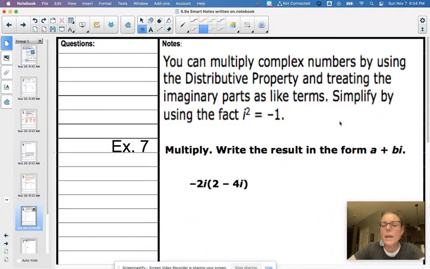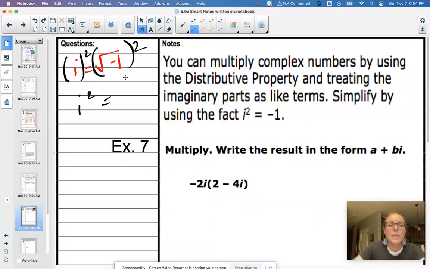Now you can multiply complex numbers by using the distributive property and treating the imaginary parts as like terms. Simplify using the fact that i squared equals negative 1. So recall, i is equal to the square root of negative 1. We already know that. So now if I decide to square both sides, I get i squared equals, if you square the radical, it cancels and you get negative 1. That is important. We're going to use that.